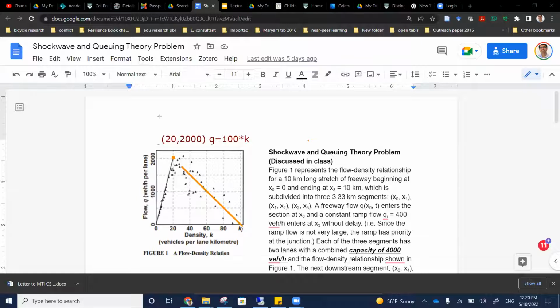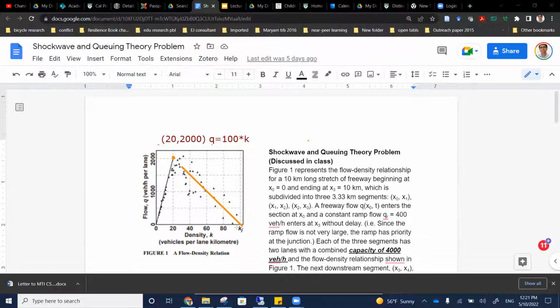So this first equation is for the situation where demand does not exceed capacity. And on the right-hand side, I have my relationship with this orange line, when the demand does exceed capacity. Can you write down the equation of this line too?